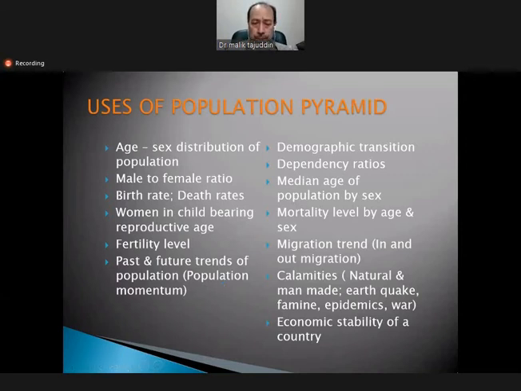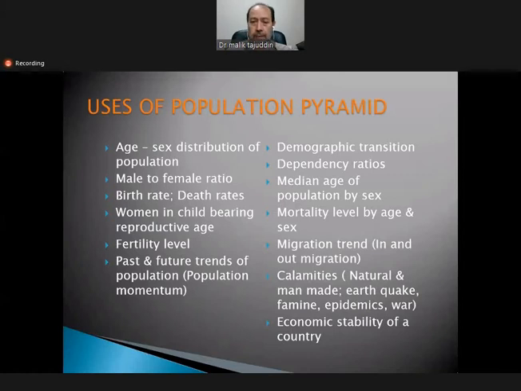You may predict what the shape will be in 2025, how much population this area will have, and in 2050, etc. You can predict the future nature of the population pyramid of any country, and we will come to it in our further coming slides.